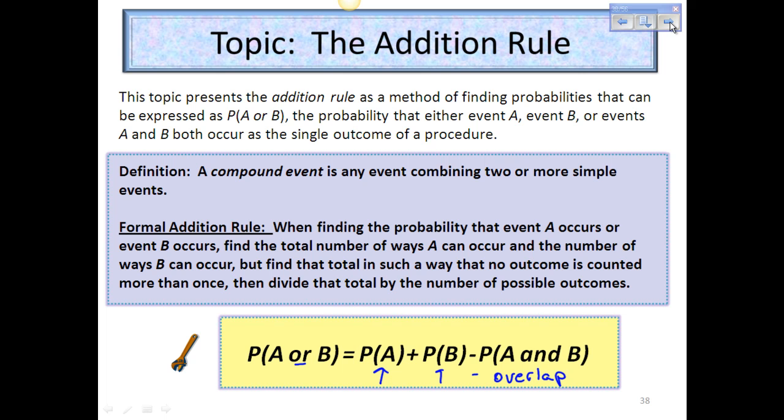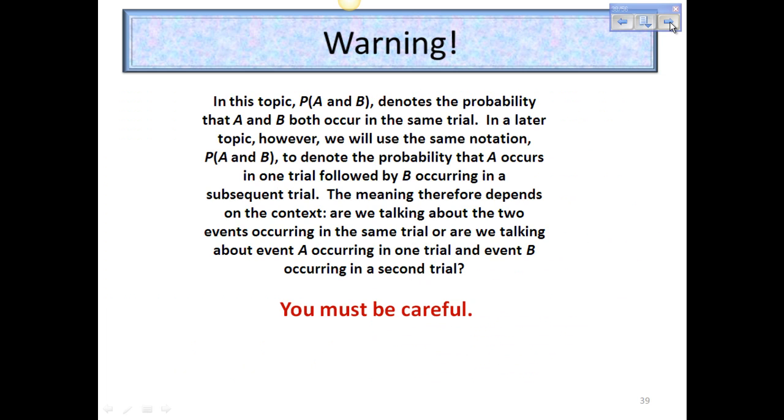Can A and B occur together? So that's the warning that I was just discussing with you. You need to ask yourself that. Make sure that you decide yes or no and use the appropriate formula.